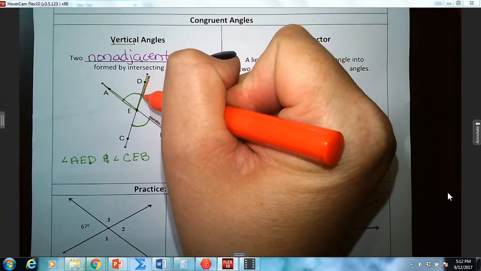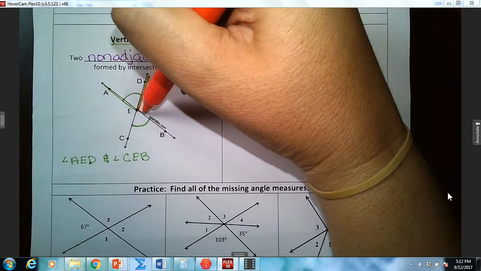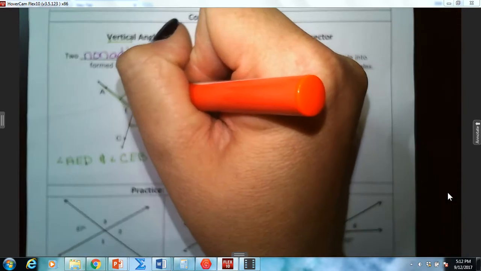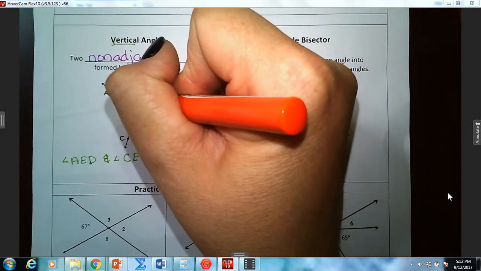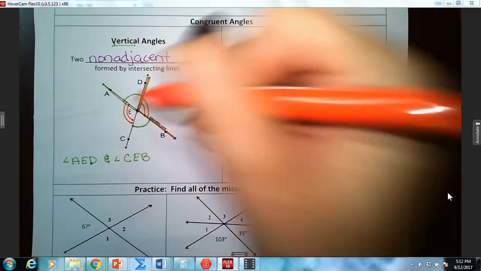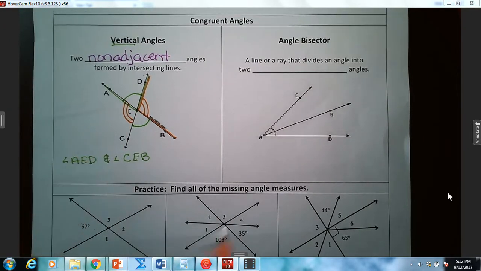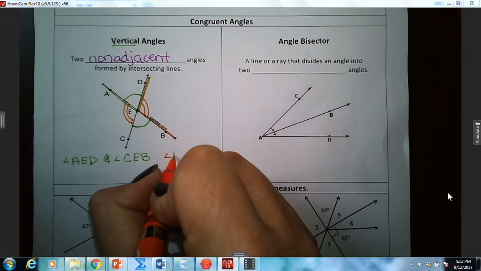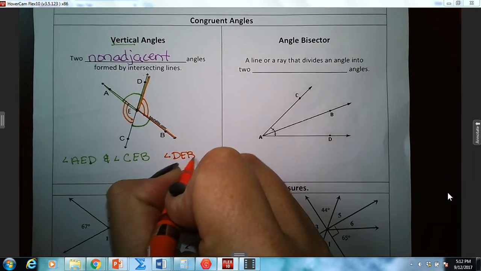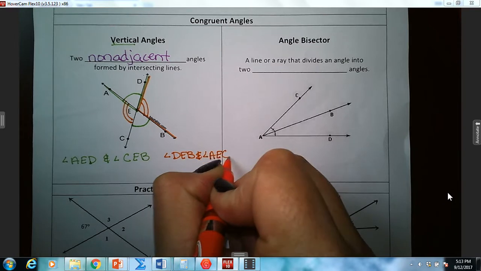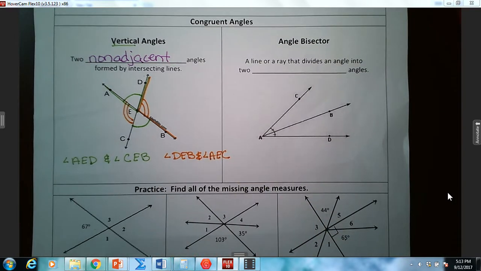Angle DEB goes straight across the X, and angle DEB is non-adjacent to AEC. So angle DEB and angle AEC are a vertical pair.